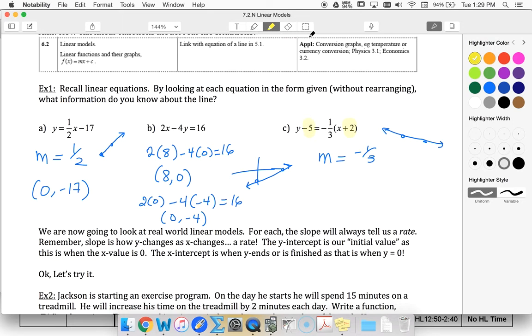Remember, we always do in point slope form y minus y1 equals slope times x minus x1. So since this is +2, my x value must have been -2, and my y value must be +5. So this line has a slope of -1/3 and goes through the point (-2, 5).